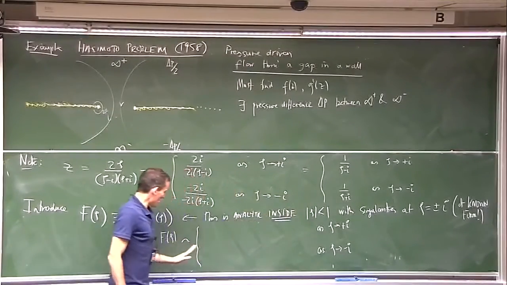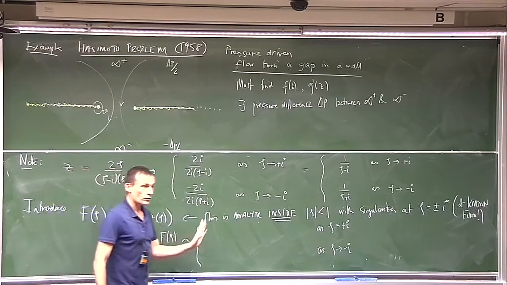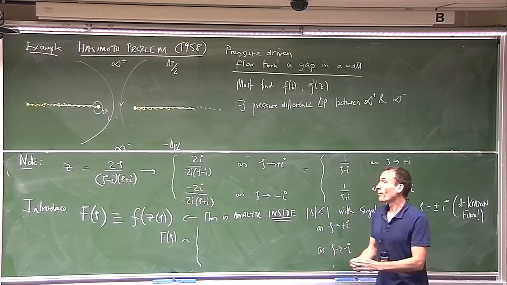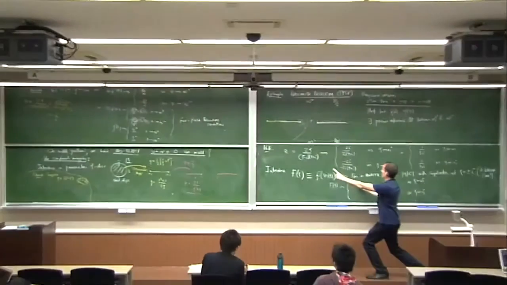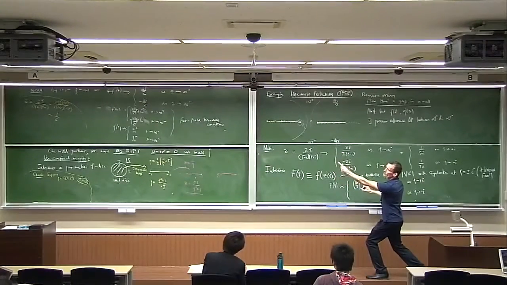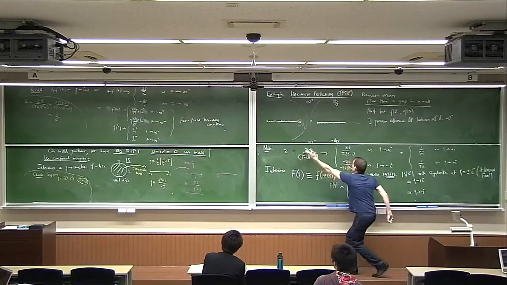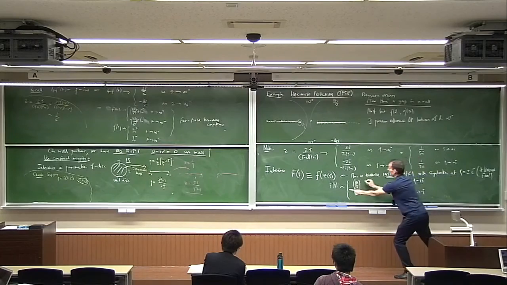So what does F of zeta, which is F composed with Z, go like as a function of zeta? Well, watch me, everybody. It goes like delta P over 8, that's just a constant, times Z. But Z goes like this, I've just determined. So in other words, F of zeta goes like this.